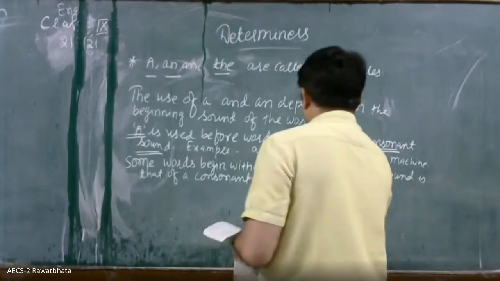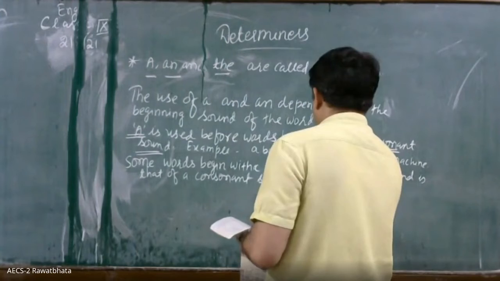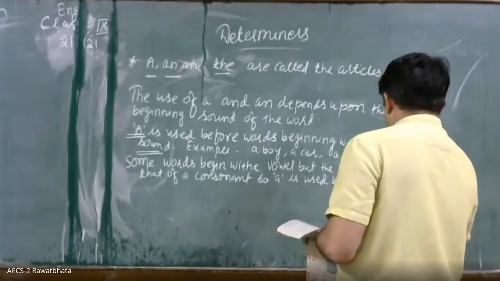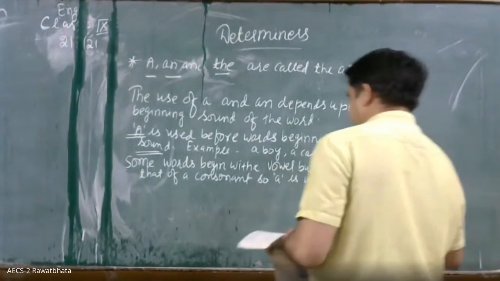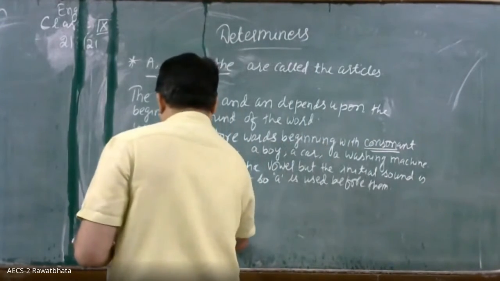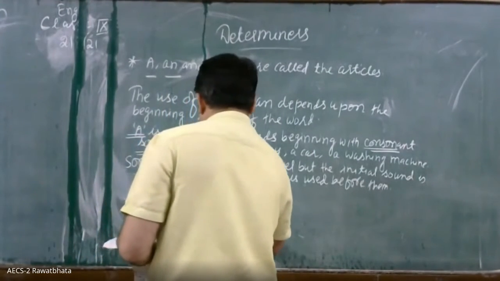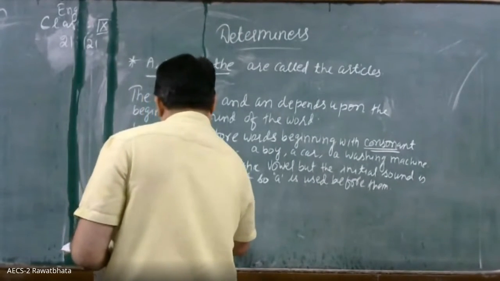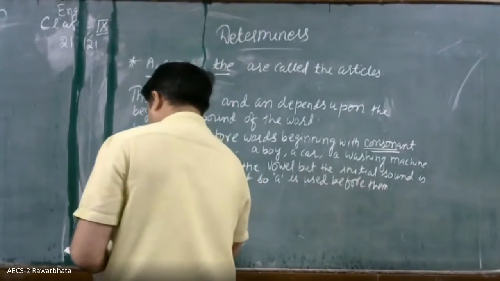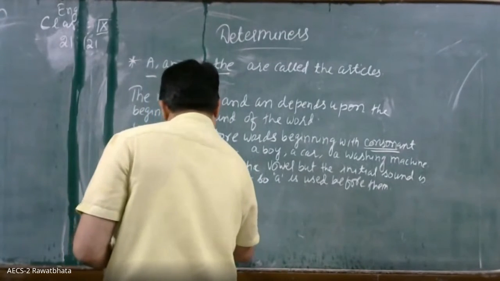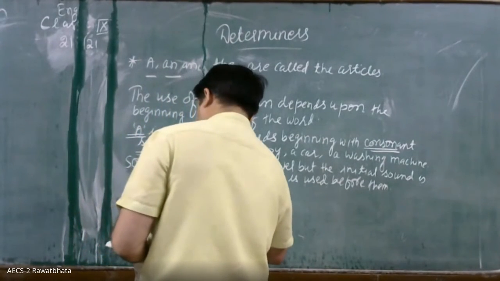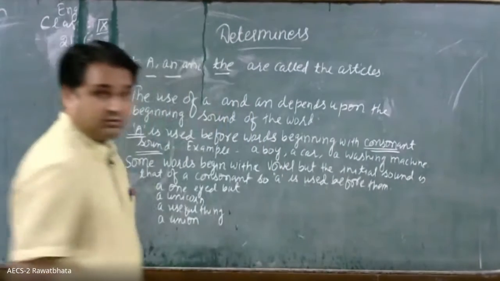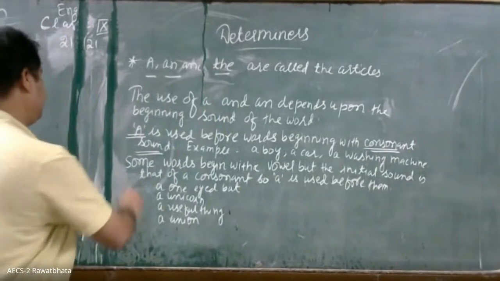So a is used before them, as in examples: a one-eyed bat, a unicorn, a useful thing, a union.